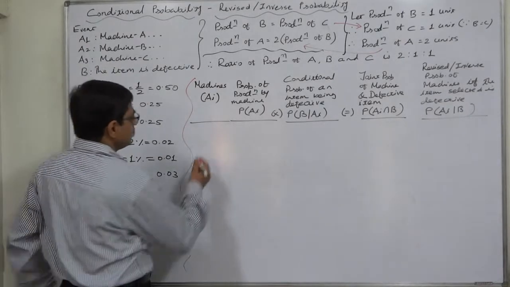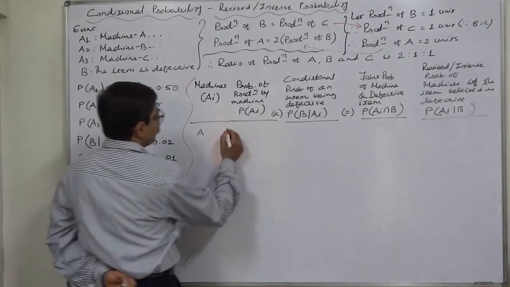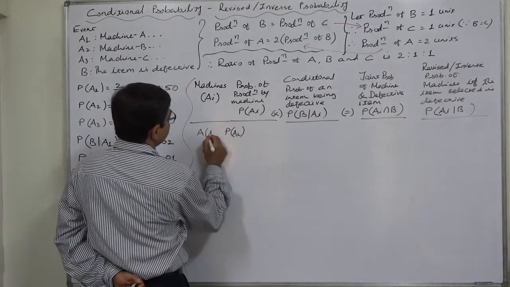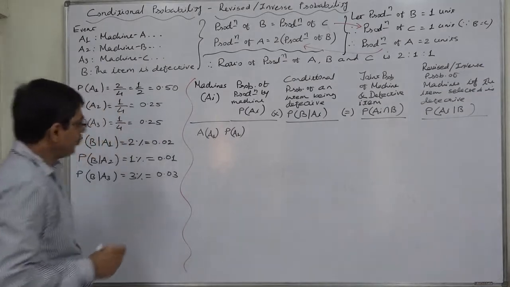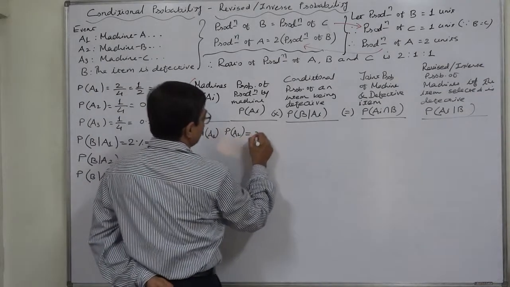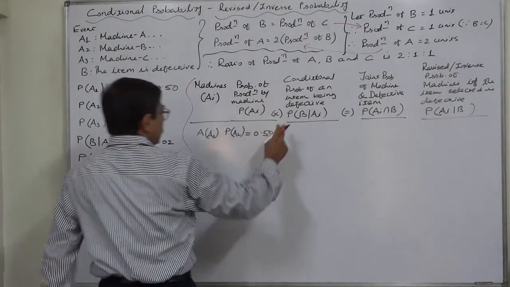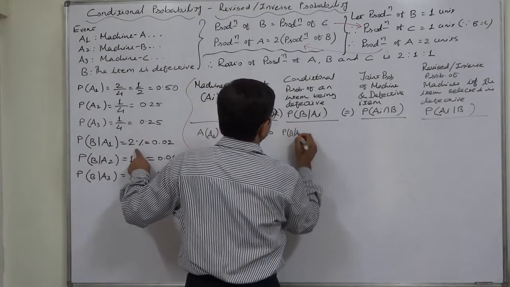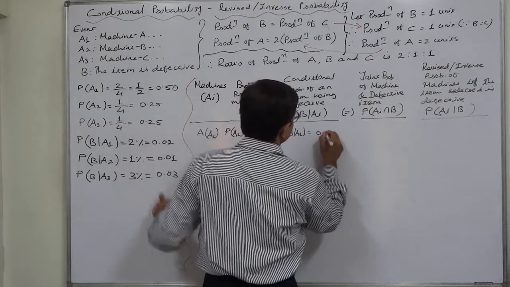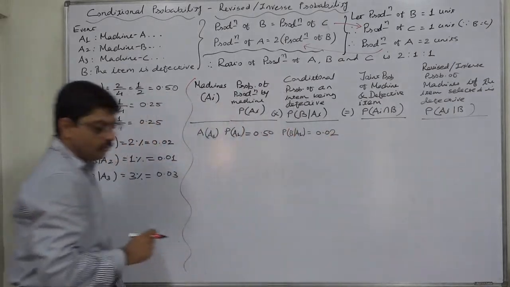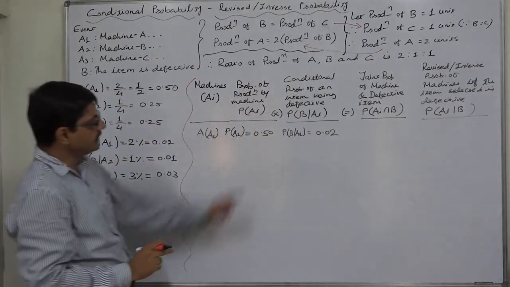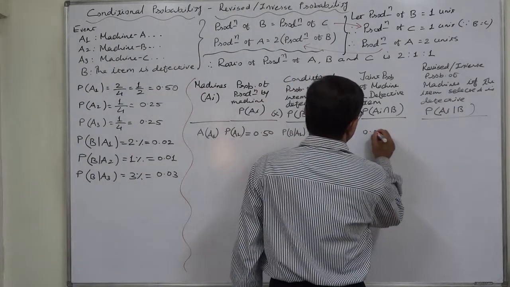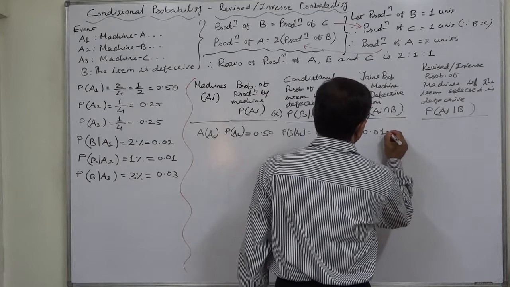Now there are three machines. The probability of production of machine A is P of A1, that is 0.5, now we know that. Probability of B given A1 is 0.02. Now we have to multiply these two. 0.5 multiplied by 0.02 comes to 0.01.